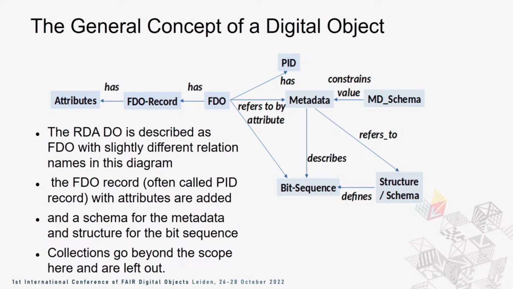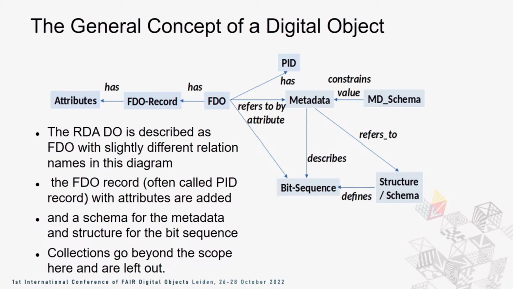It's an important aspect, but it currently goes beyond the scope, and we have left it out here. I think Stein will have a more detailed view on this and the relations between collections and FDOs later in this session.